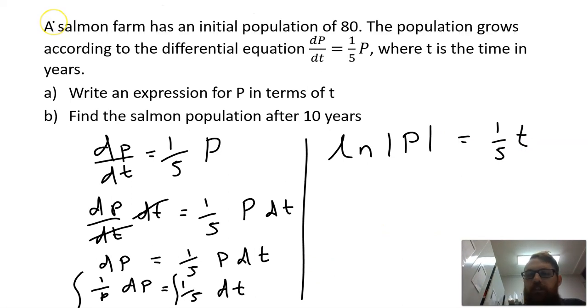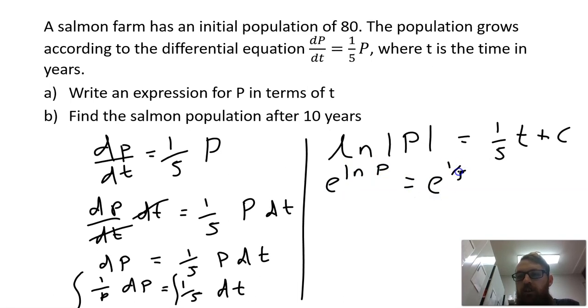That isn't the end of it, because we always have to add our plus c constant. Because we want to get it in terms of p, we add our plus c to the opposite side. So we've got the natural log of p equals 1/5 t plus c. If we want to get p by itself, we can take e of both sides, so e to the ln p equals e to the 1/5 t plus c.